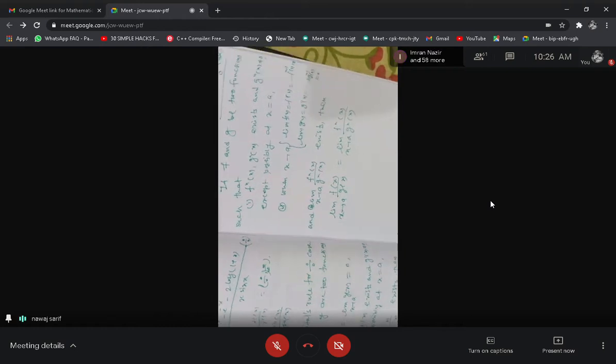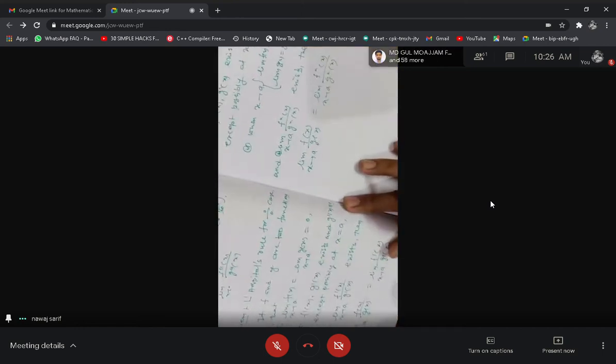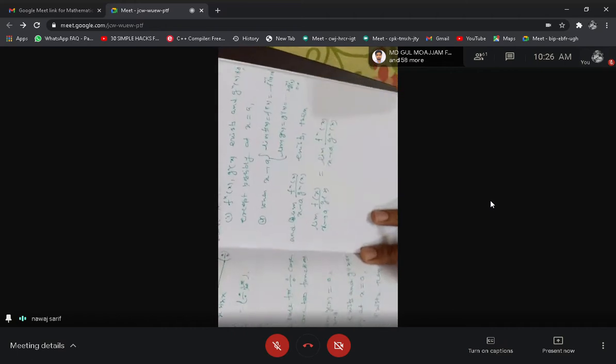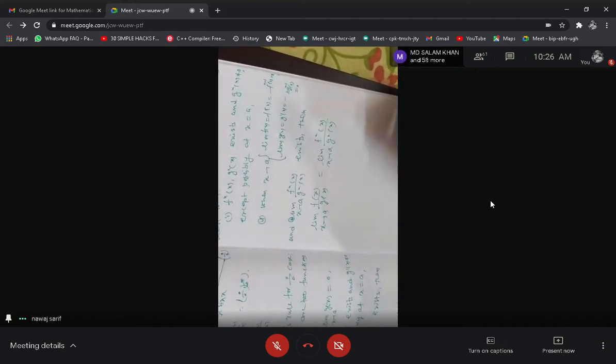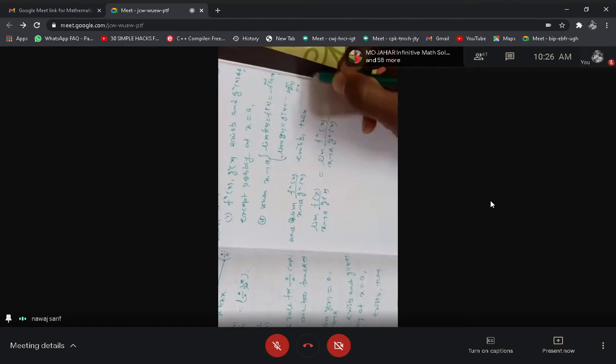Do you understand? Sorry? How is the n minus 1 x equal to 0? Yes. So look at the theorem. If you apply L'Hospital rule, then what should be the case? First of all, you will obtain the 0 by 0 case, then you will apply L'Hospital rule.